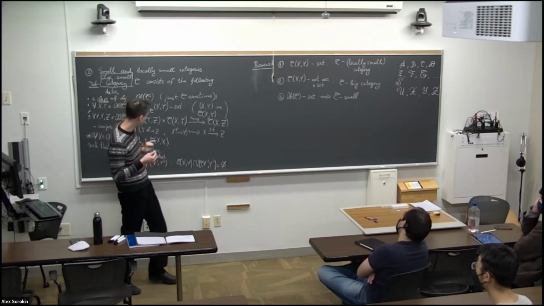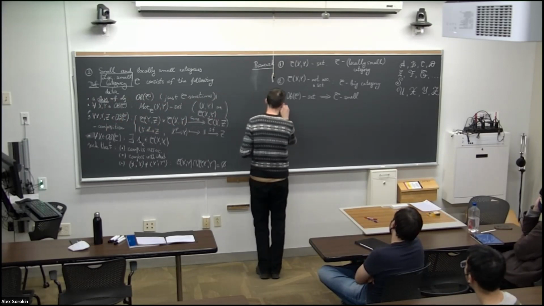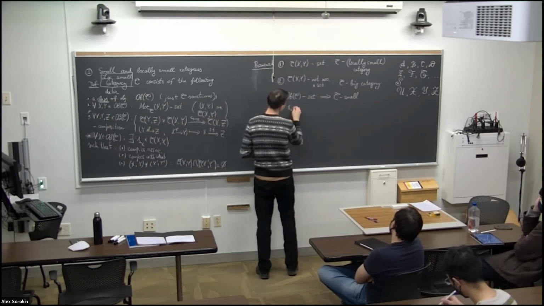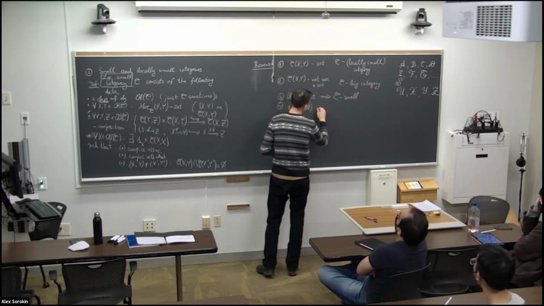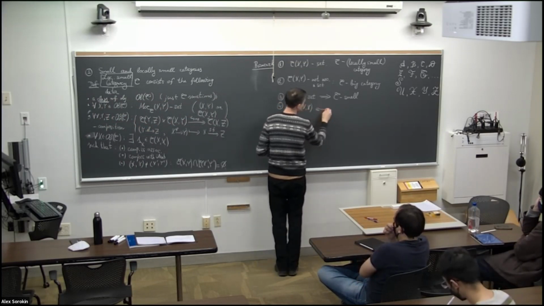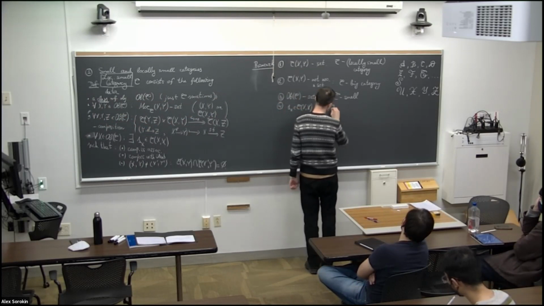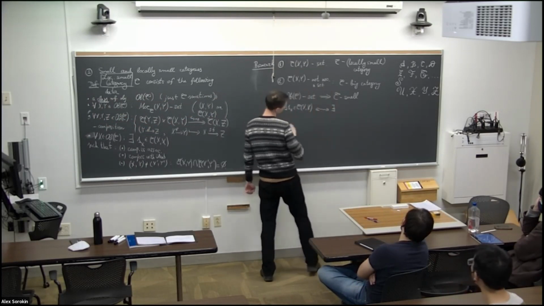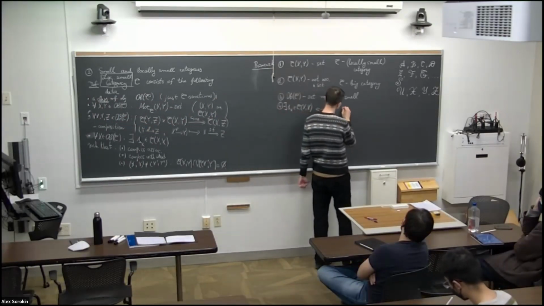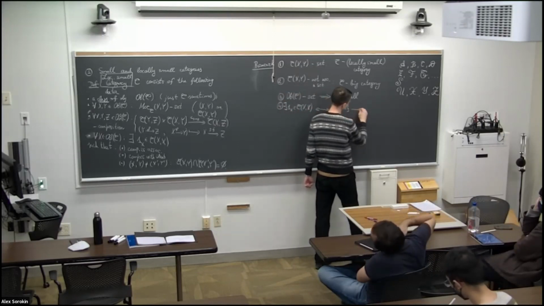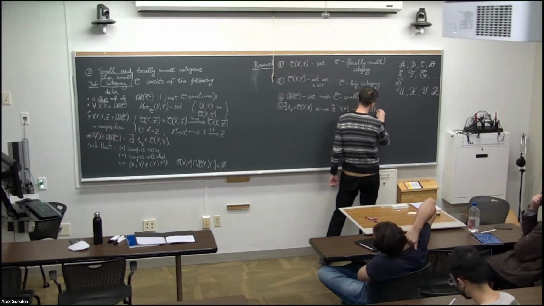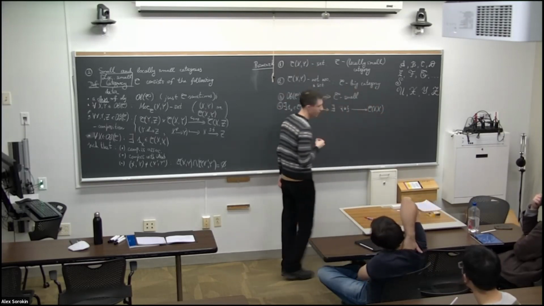So the fact that 1_X belongs to C(X, X) is the same as to say that there exists, I will put the existential quantifier here, there exists an arrow from a singleton to C(X, X).